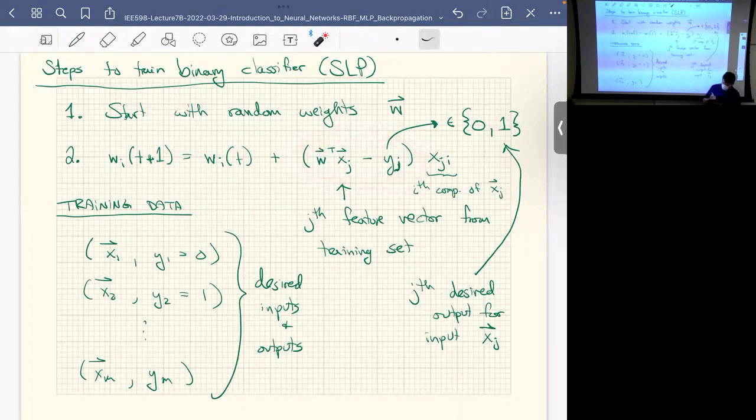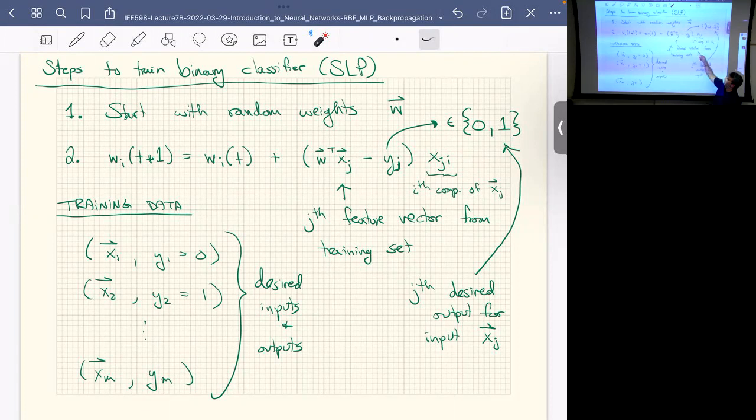Remember that this Heaviside step function, the way we've defined it, we're really focusing on whether it's greater than 0 or less than 0. So this generates a type of error, and that error will cause the weight vector to increase or decrease based on the direction and the scale of the error. And so this xji, which is the component from the training, acts as a type of step size.